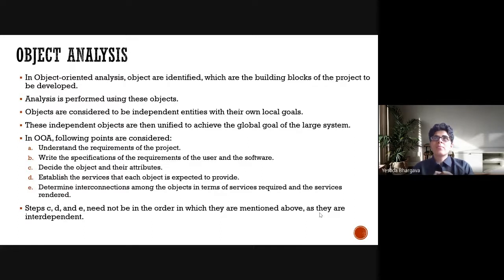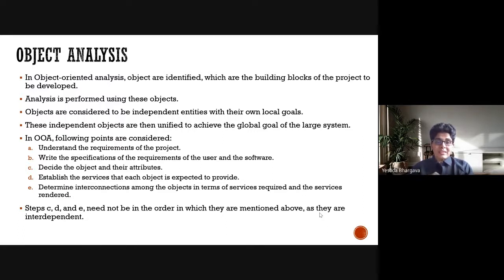So, in your projects that you are doing, start thinking of the different objects that will form a part of your solution and how they will interact with each other. So basically in object analysis, you are identifying the building blocks of the project that you are going to develop. And in lab, this will become much more clear.